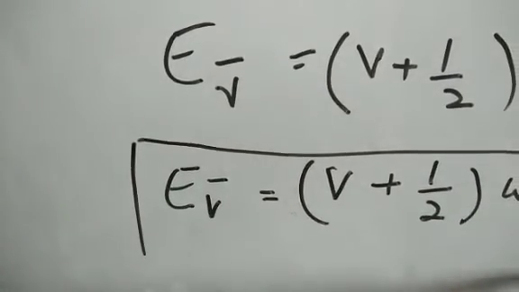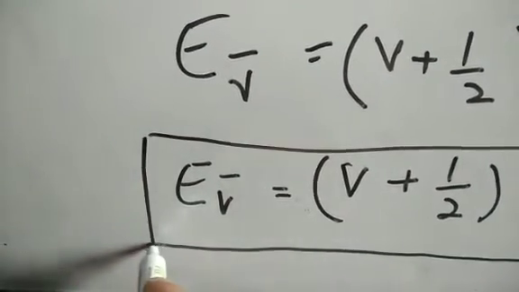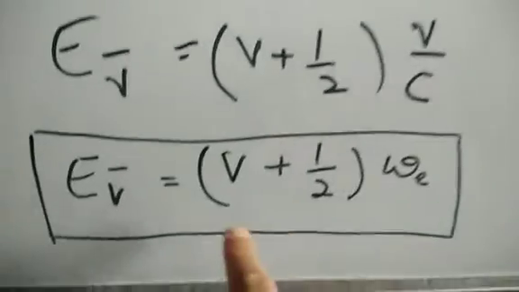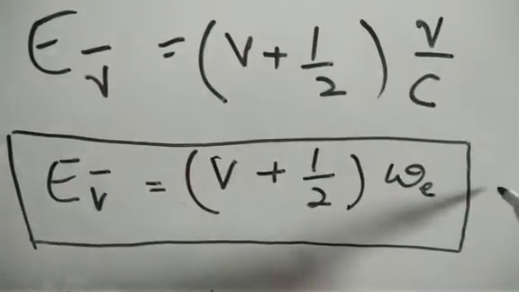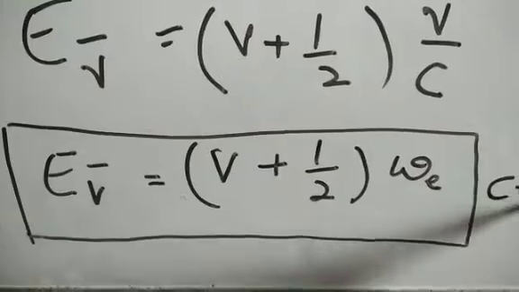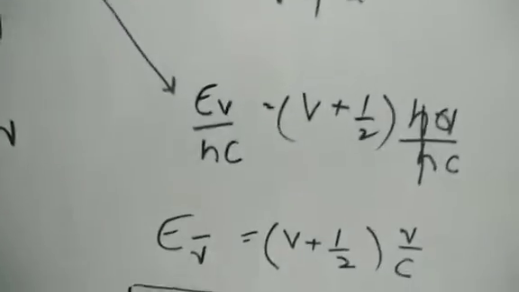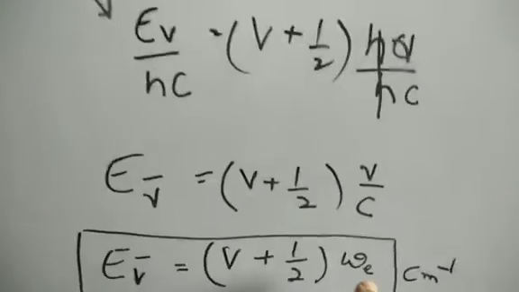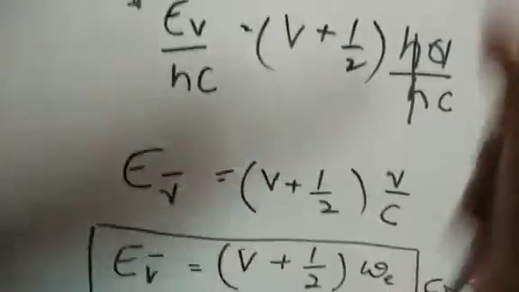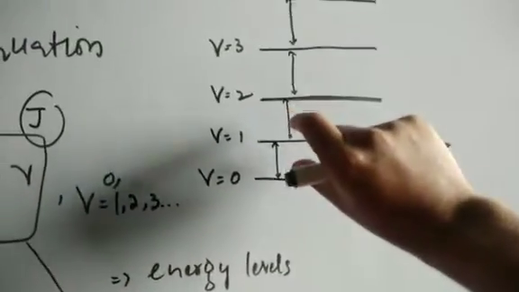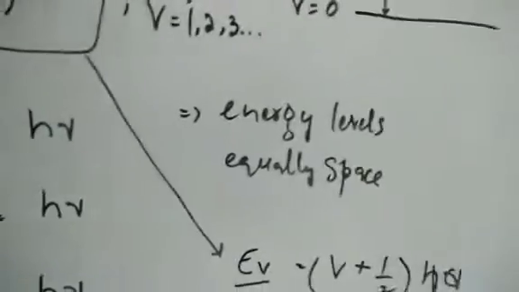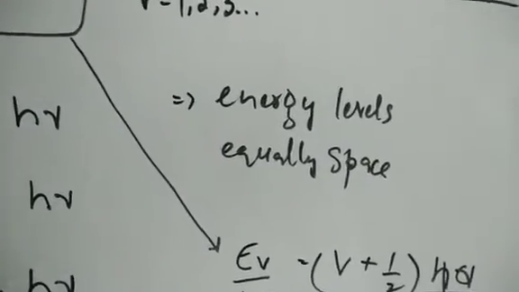So this is the energy of a molecule in IR spectroscopy, and this unit now is centimeter inverse. So in this formula it was joules, in this it is centimeter inverse. If you calculate according to this, this gap is equal to omega e. Okay. So this is the unit conversion.